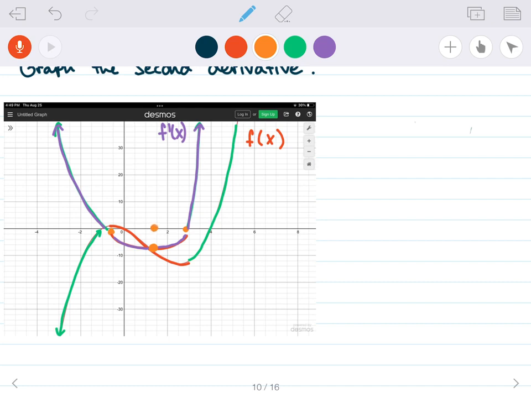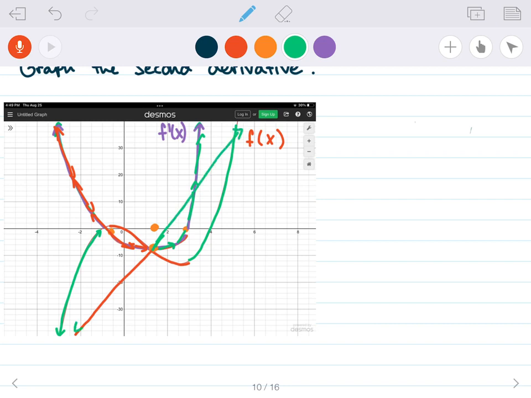So I can transfer that up to the x-axis. And then to the left of that, the slope is going to be negative, negative, negative, all the way until it gets to that orange point. And so that's going to tell me that this thing is going to start below the x-axis, and then the function starts increasing, so the slope becomes more and more positive, and so that tells me that this thing is going to continue up like this.